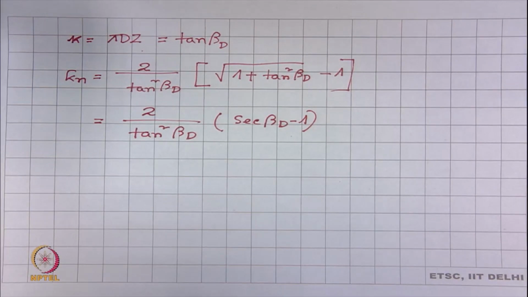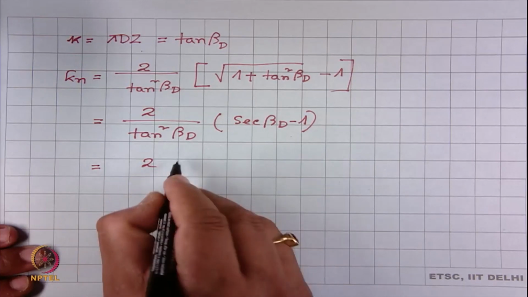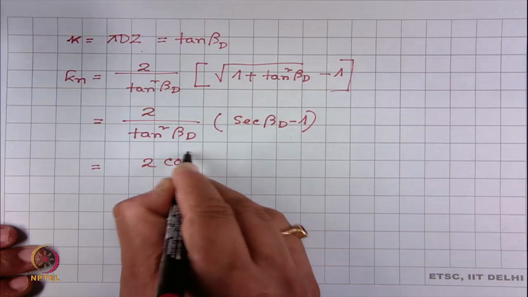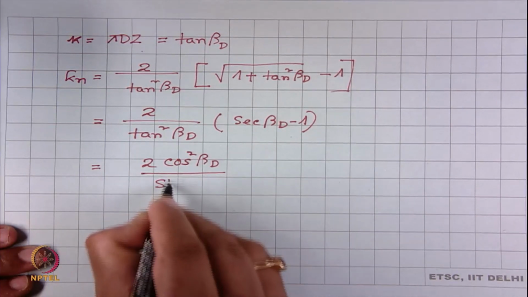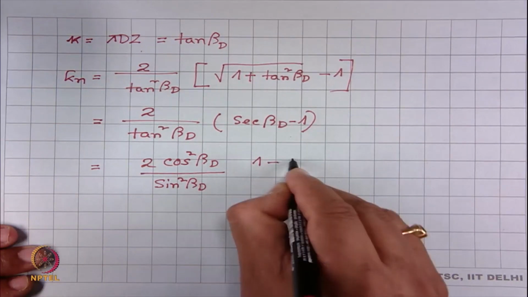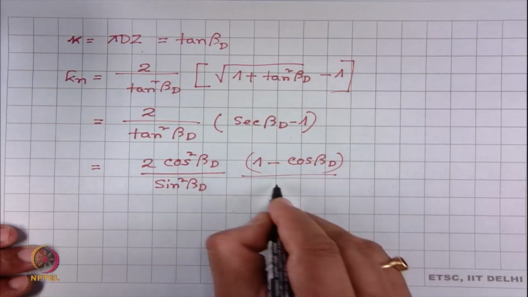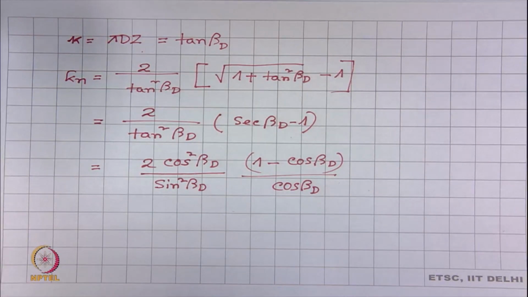What is sec beta d? 1 by cos beta d. So, 2, and tan square beta d is sin square beta d by cos square beta d. So, 2 cos square beta d by sin square beta d, 1 minus 1 by cos beta d, right.